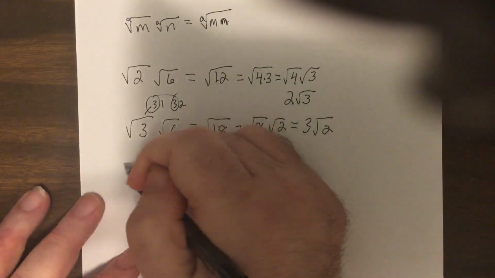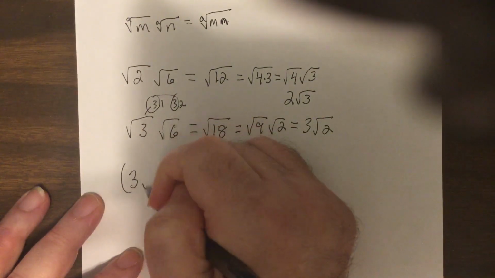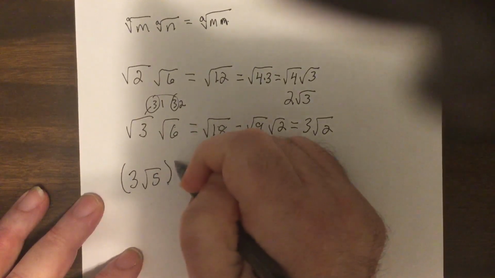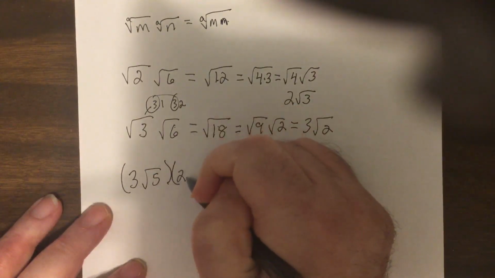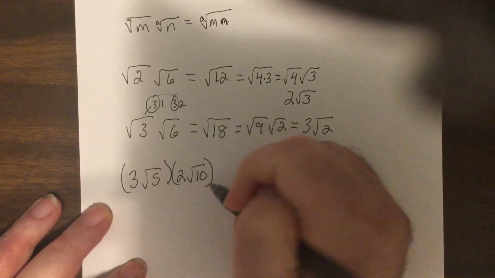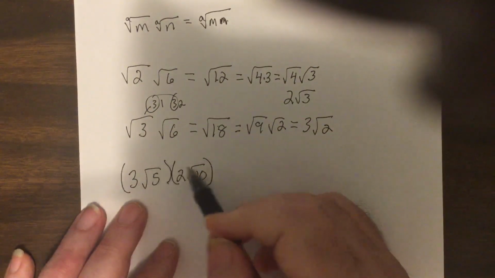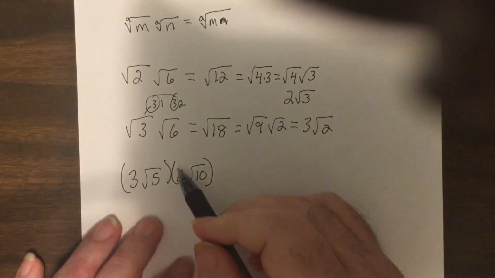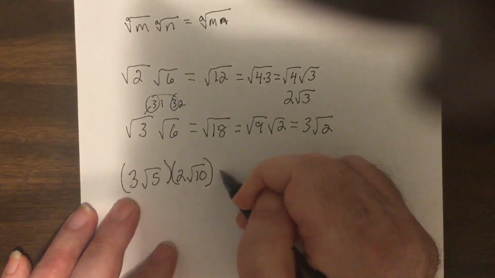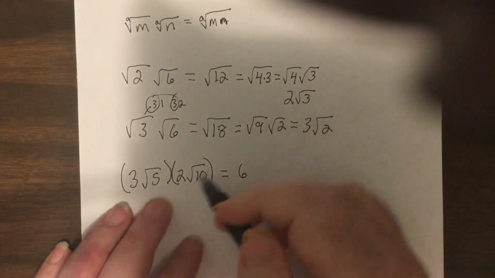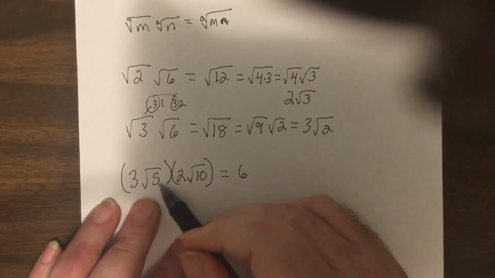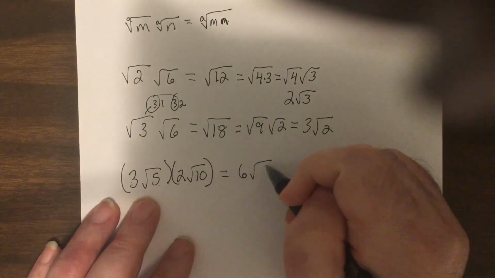So I can actually multiply more. That's 3 square root of 5 times 2 square root of 10. Now you don't FOIL, there's no pluses or minuses. So I go 2 times 3 is 6. The number's outside the radical. And then square root of 5 square root of 10 is square root of 50.